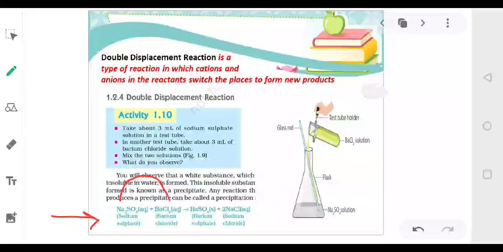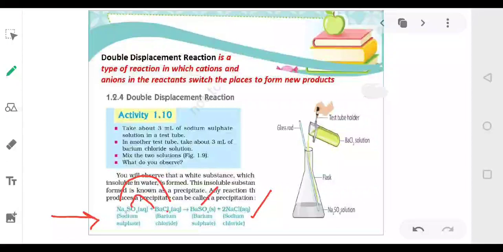First displacement, Na2 and Cl2 form 2NaCl. And then we have Ba and SO4, so here we got BaSO4.